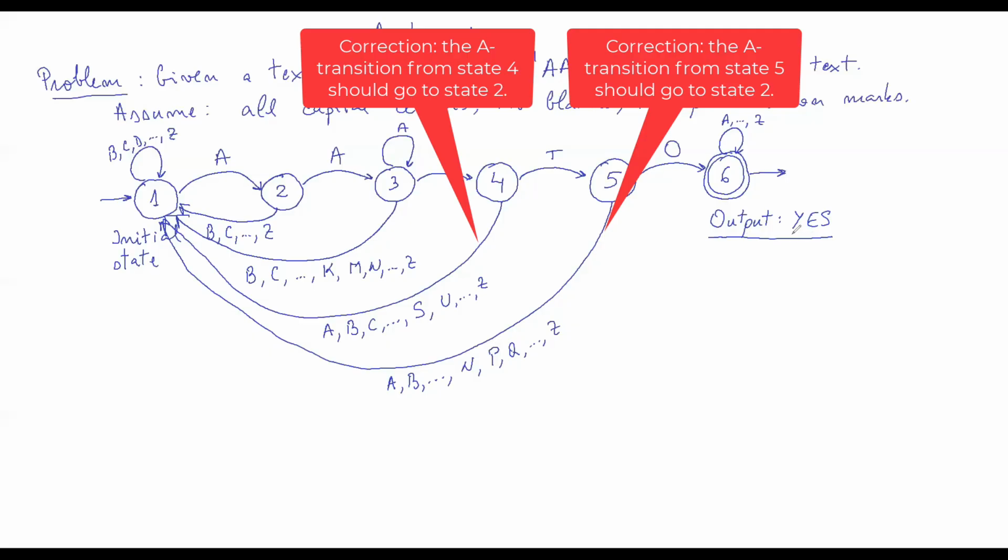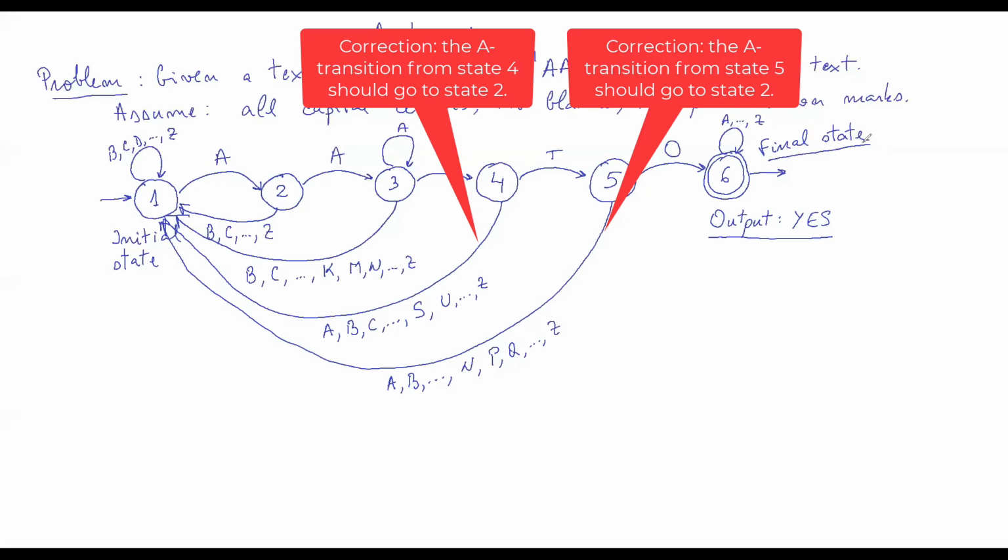But if reading letter by letter left you in any other state, then the output is going to be no, alto was not part of your text. Another way of saying that this is the state that finishes the computation with answer yes is to say that this is a so-called final state, final for my yes computation.